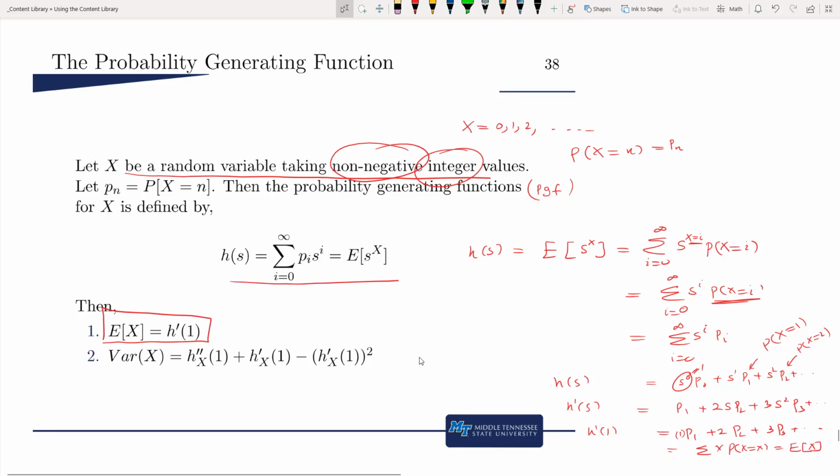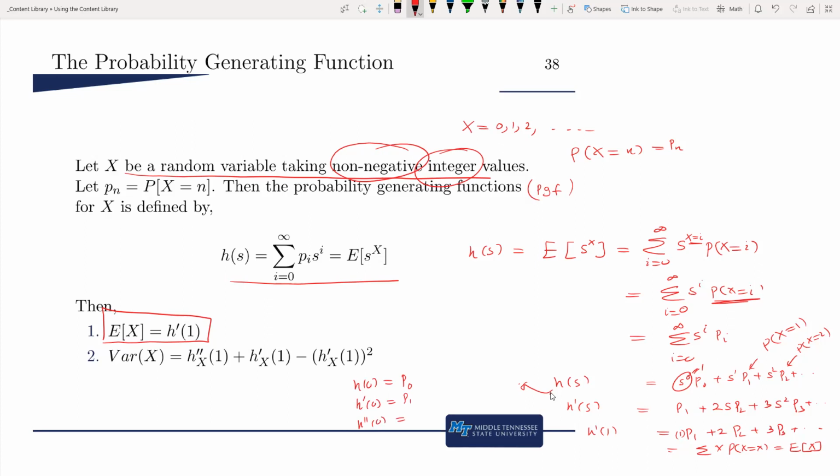So let's go back to this expression. What is h(0)? h(0) is p_0. What is h prime of 0? h prime of 0 is p_1. What is h double prime of 0?